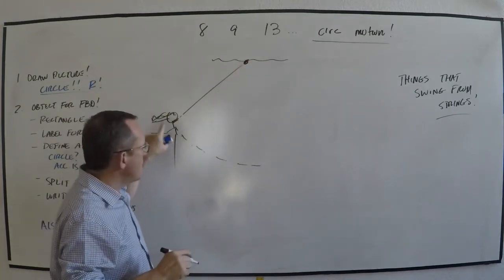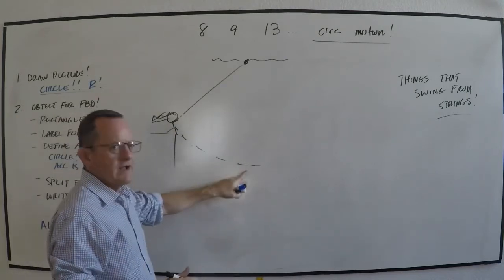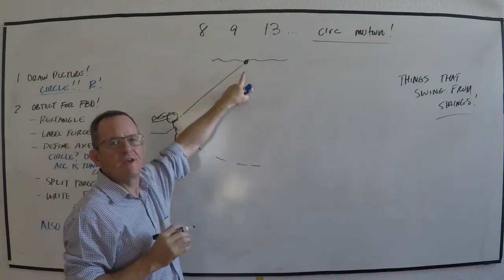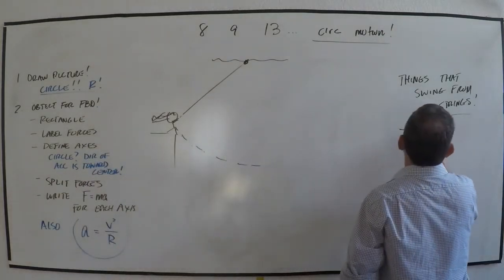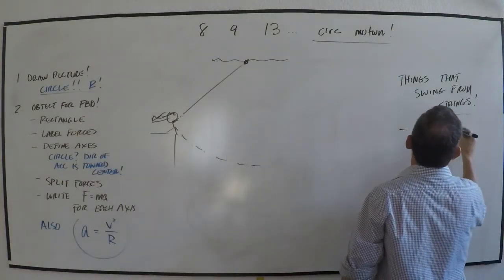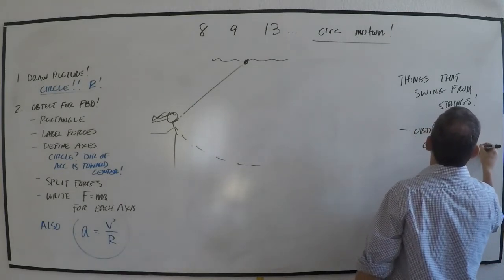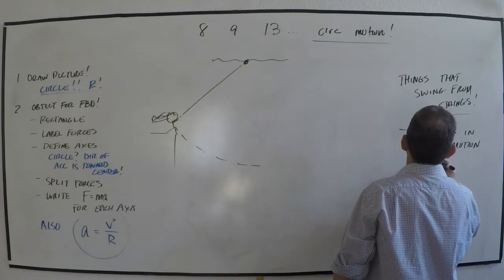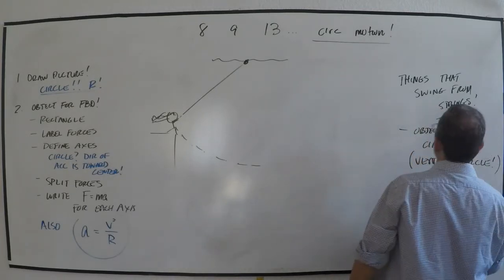By definition, they are going in a circle. The definition of a circle is the collection of points that are equidistant from a given fixed point. So, by definition, the object is in circular motion. A vertical circle. Right?